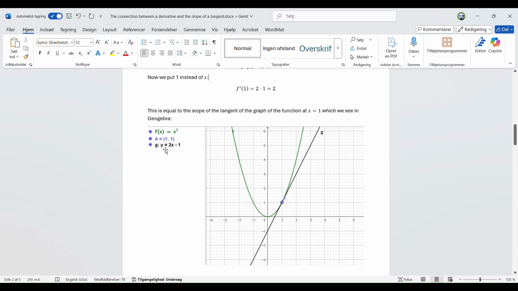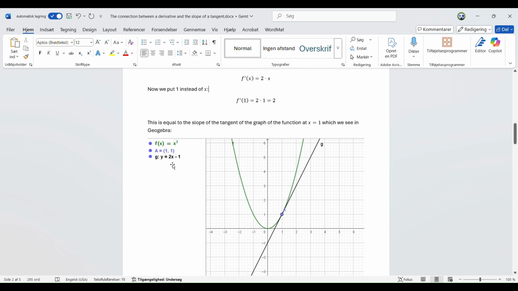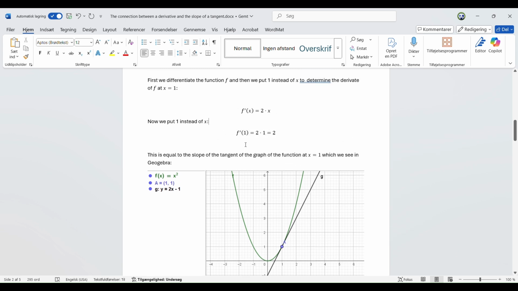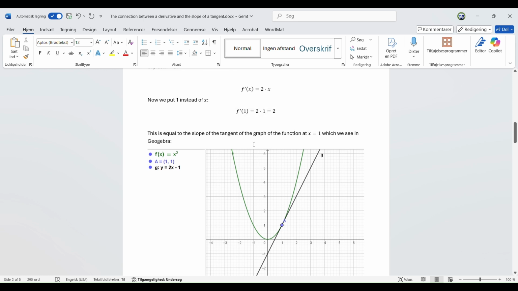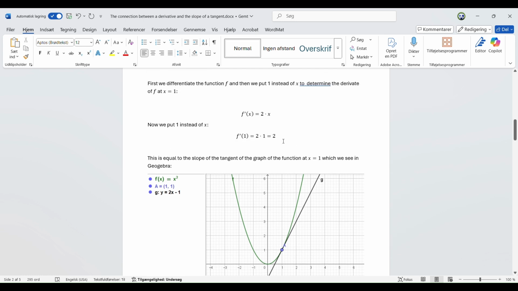If we look at this tangent line, it equals a linear function which says here y equals 2 times x minus 1. And this 2, that's our slope of the tangent, and we have calculated that up here using the first order derivative. Because x equals 1, we put that inside, and we calculated the slope of this tangent using the first order derivative.